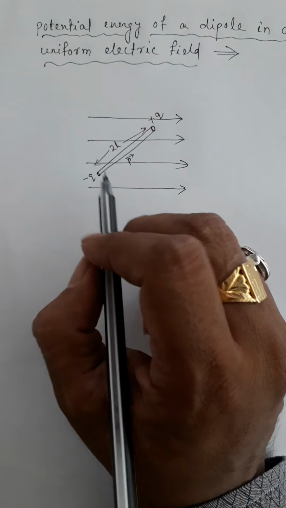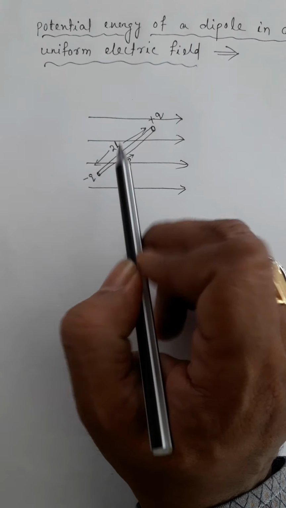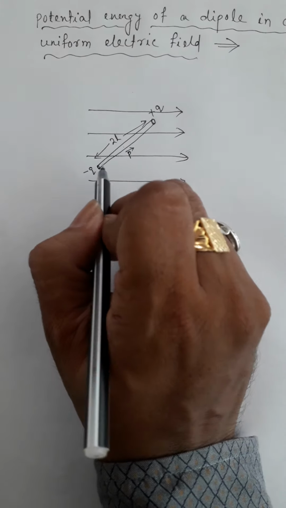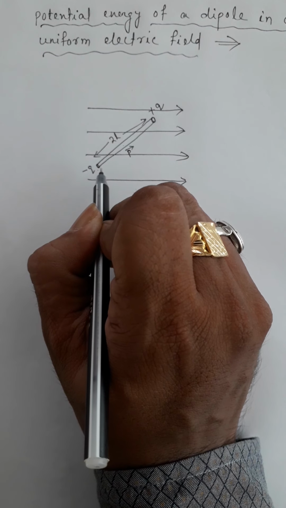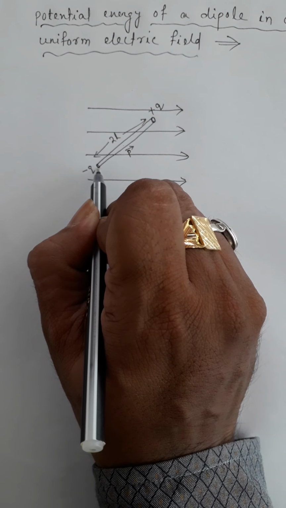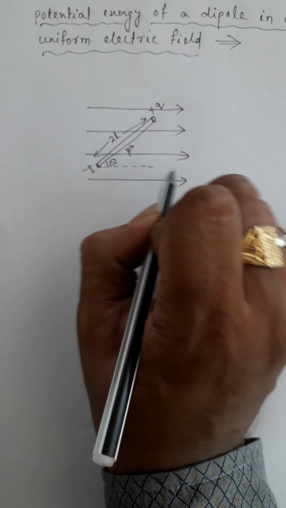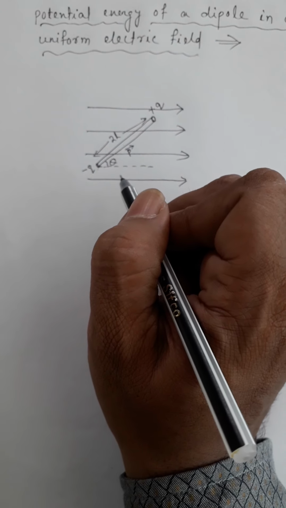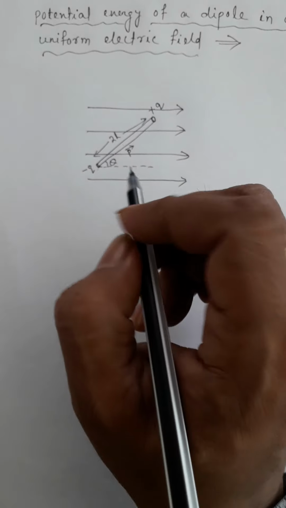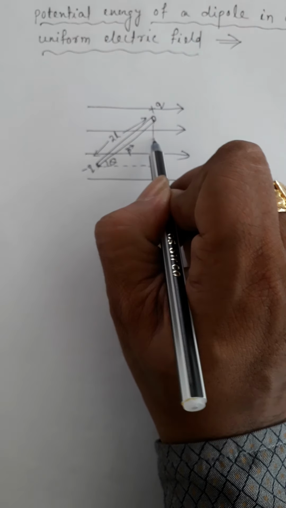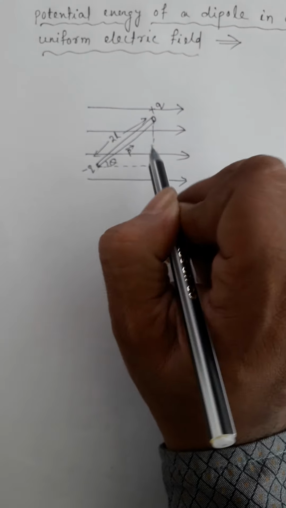So let a dipole moment p vector make an angle theta with the uniform external electric field. Suppose it makes an angle theta with the direction of the electric field. And this is the perpendicular distance between them.